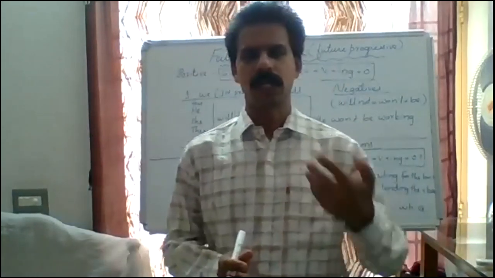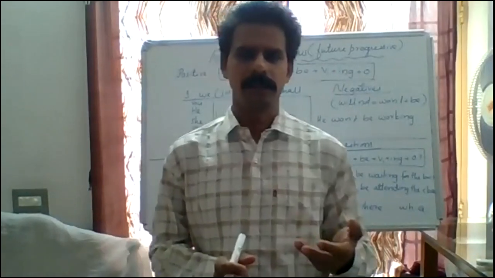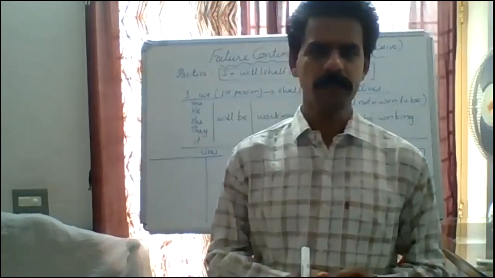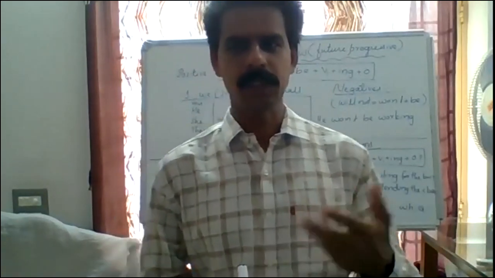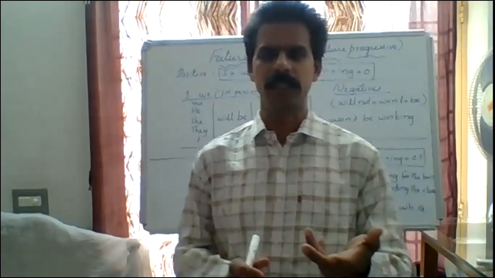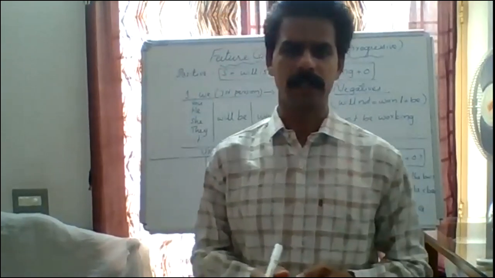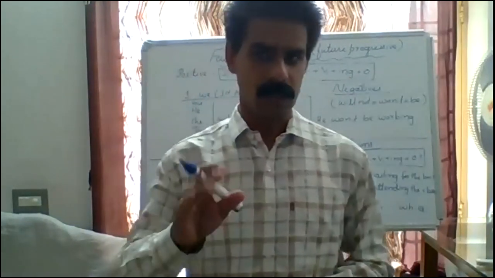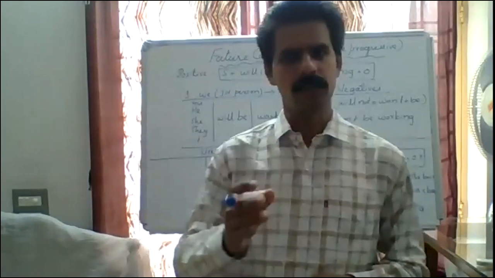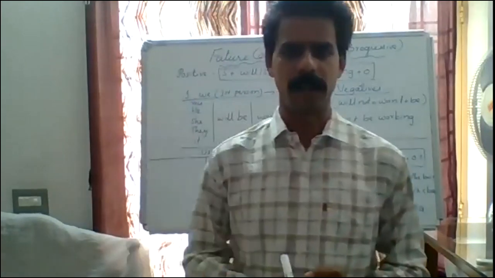Here is an example for the future continuous: I shall be traveling this time tomorrow. It shows an action which is going to continue in the future. It has not started yet. The work is going to start in the future and it will continue for a certain period of time.